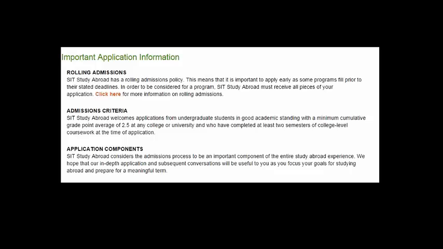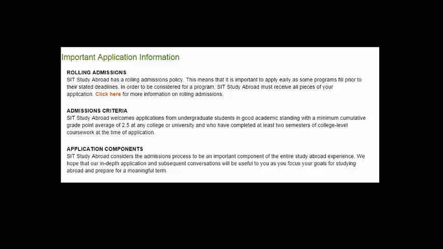Important application information for you is a rolling admissions basis. That means we accept up to a certain deadline that we have to have for logistical purposes, administrative purposes, or visa purposes. So we try and make that deadline as close to the program as possible, but sometimes you have to have an extensive visa application. Our admissions criteria are threefold.